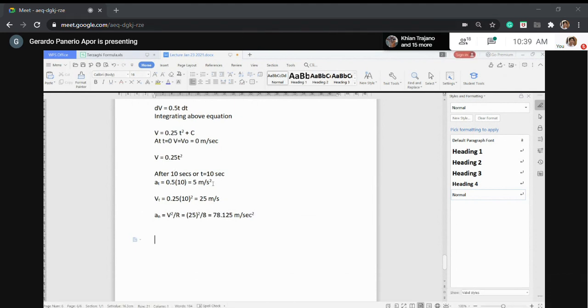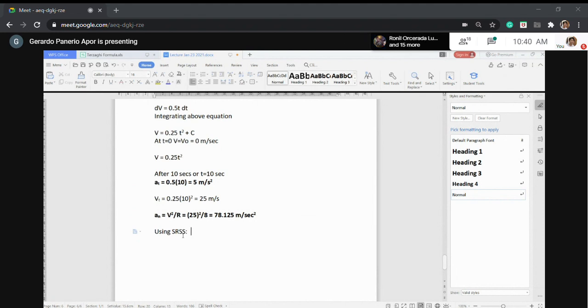With this value and this value, we can calculate the total acceleration using SRSS, the square root of the sum of squares.